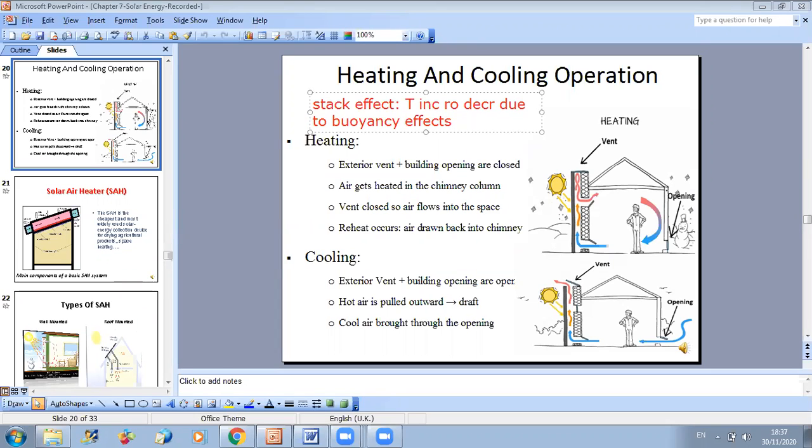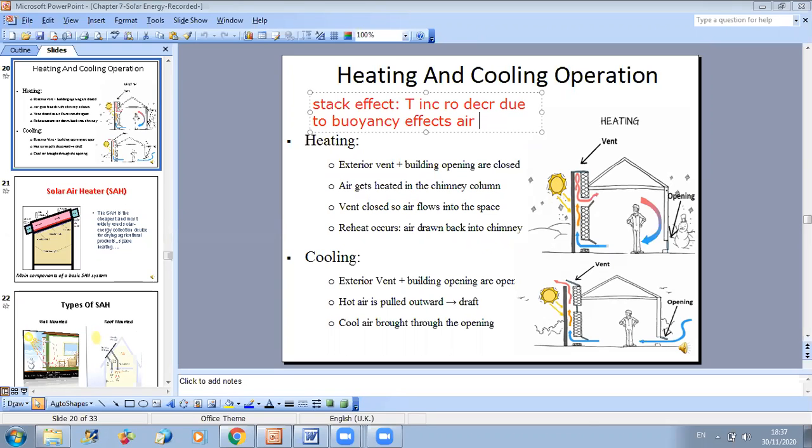Miss, how is this related to Bernoulli's theorem? This is the buoyancy. No, Bernoulli is related to wind circulation, not this case. When you have wind, you create a certain pressure difference between two zones, and due to pressure difference, air will circulate.